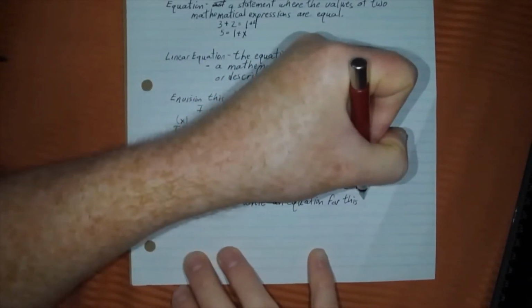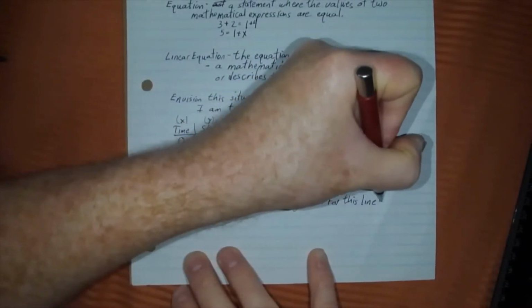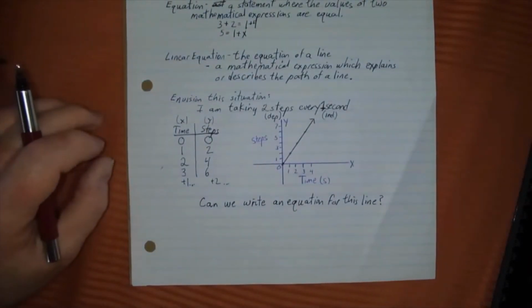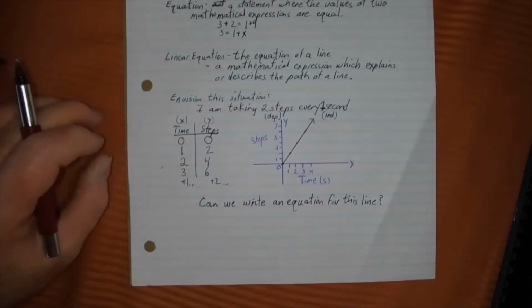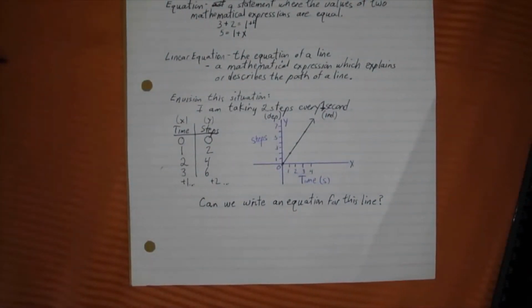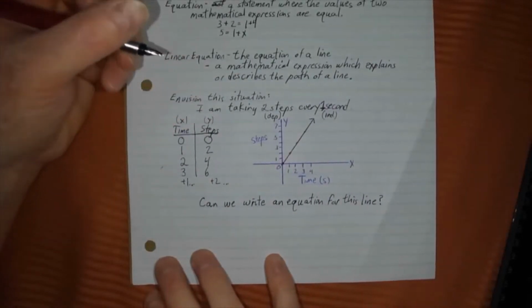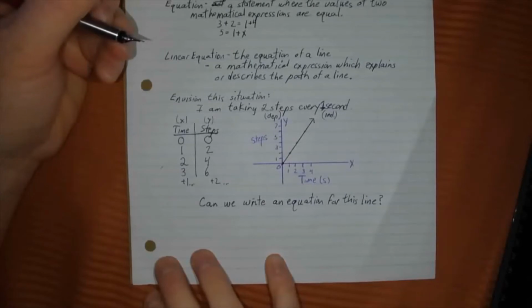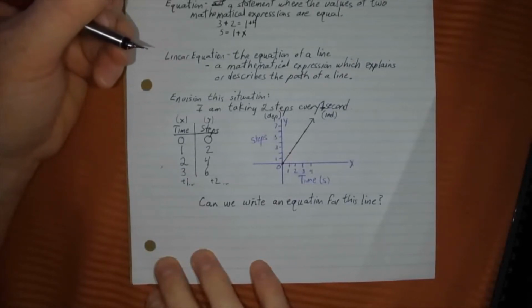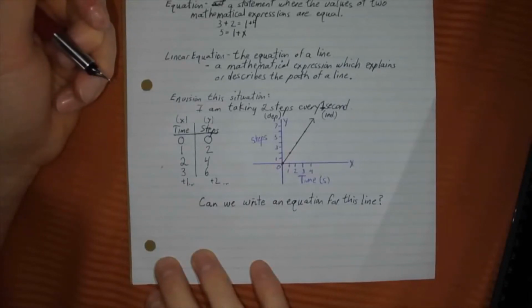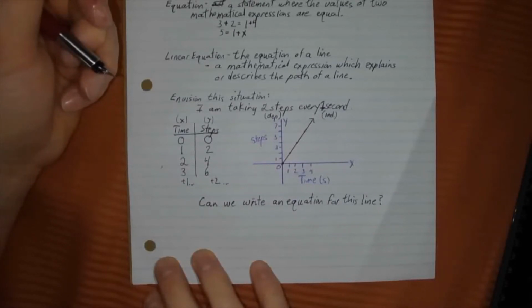Can we write an equation for this line? And the answer I hope that you have is yes, we can. So what would that look like? What do you guys think? How do we figure it out?